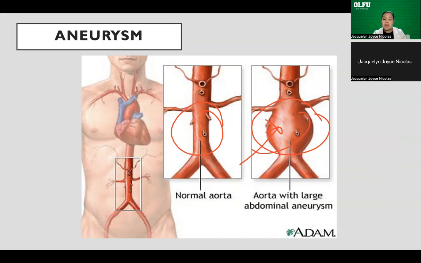At the same time, the blood will not flow properly to the other organs. In this case, if it's an abdominal aneurysm, it will deplete and affect the blood flow in the lower extremity. And then it will cause bleeding within the abdominal cavity. And we know that any form of bleeding can pose a great risk to the health of our client.